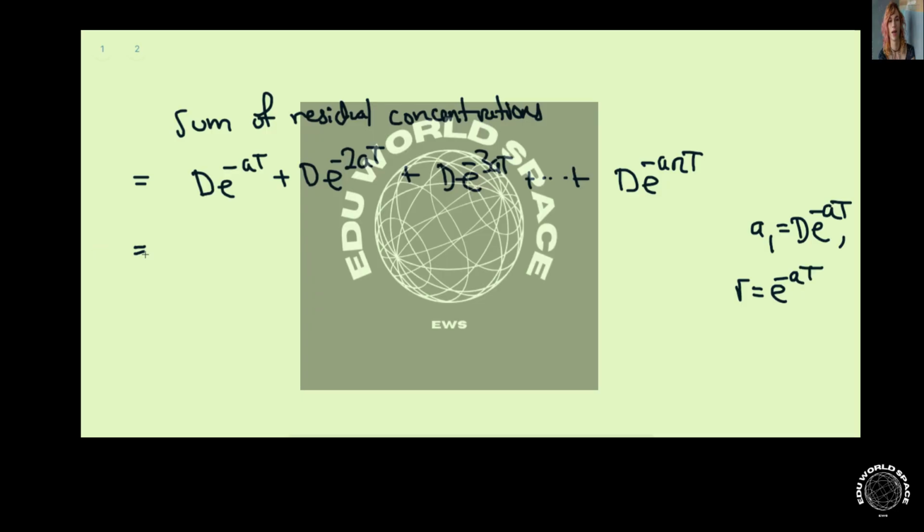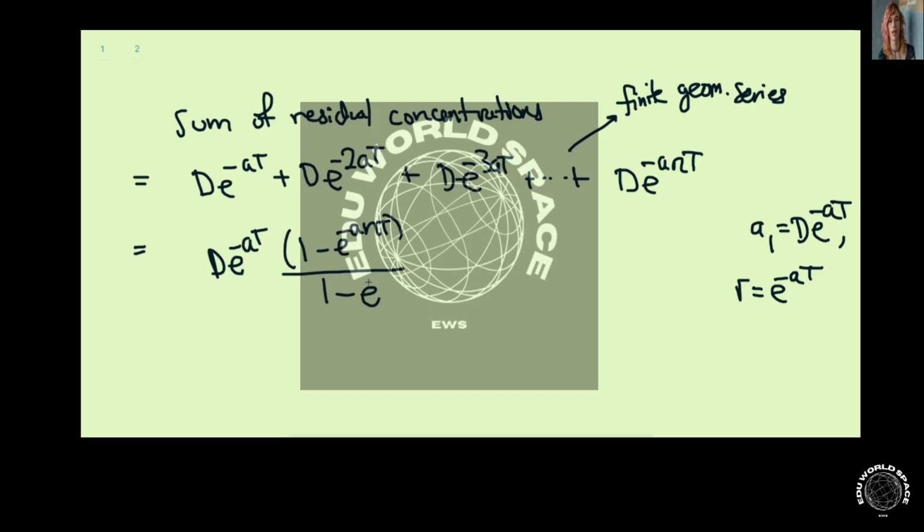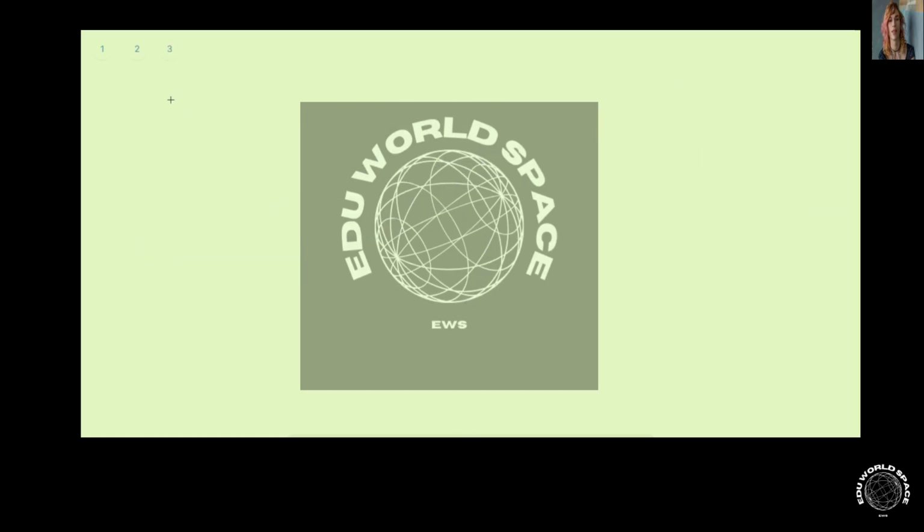So this is a finite geometric series, which has a slightly different formula than the infinite series. One minus e^(-aT), and that's our answer for part A. Let's move on to part B.